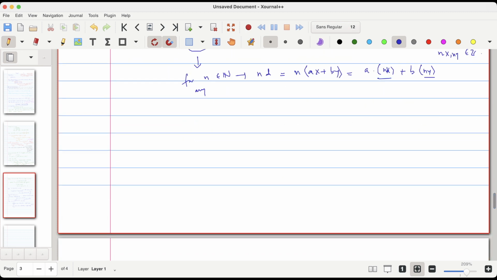So for any natural number n, a times nx plus b times ny is explicitly an element of set T, right?